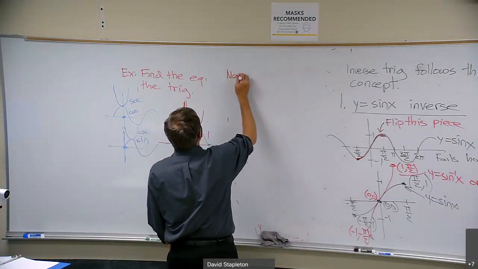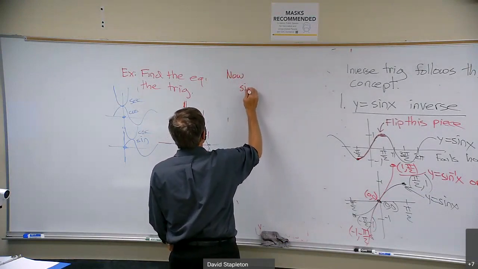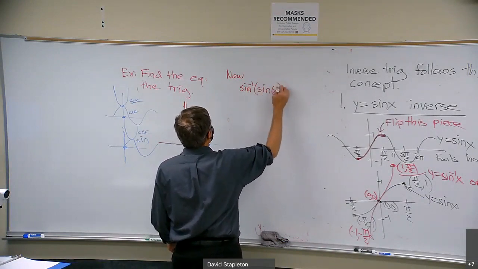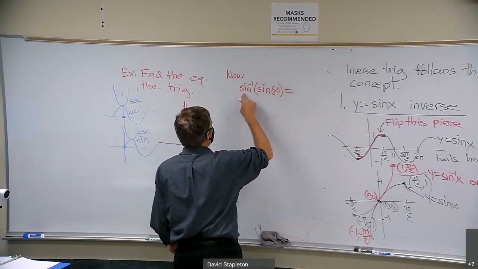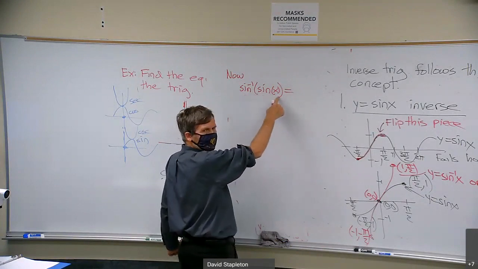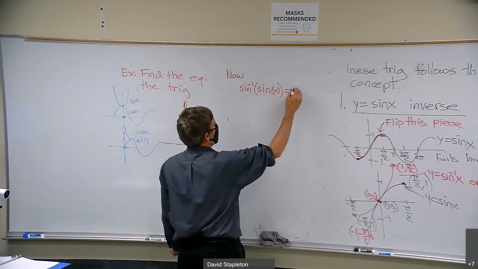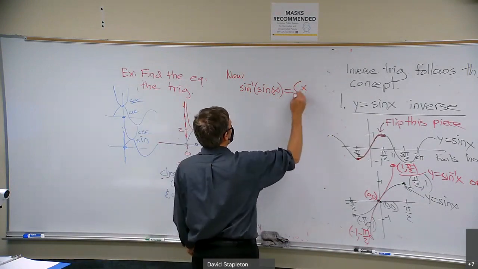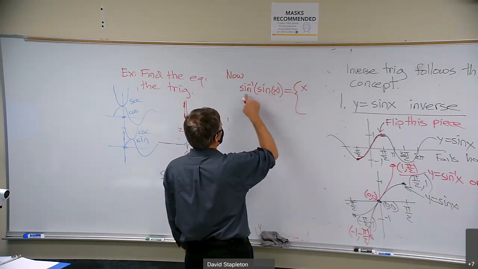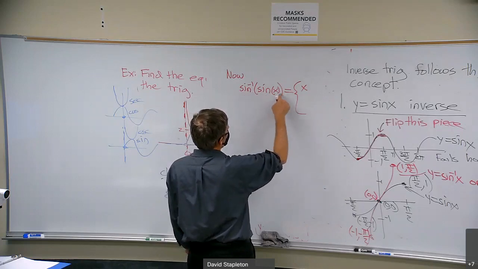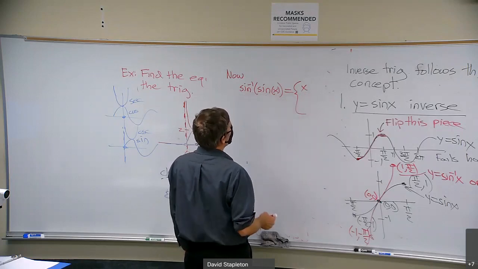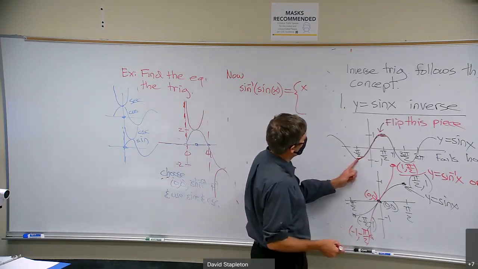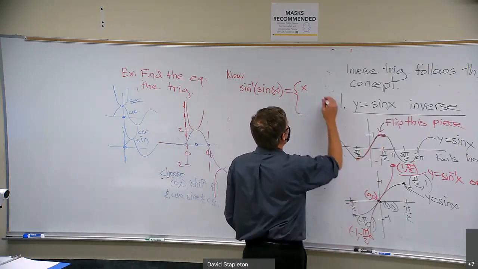Now what happens if you take the inverse sine of the sine of any angle x? What are you supposed to get back if you take f inverse of f of x? Well, you get your x back, right? That was the whole idea of the inverse function, right? f inverse of f of a was supposed to give a back. It does so if you start on this piece here, right?